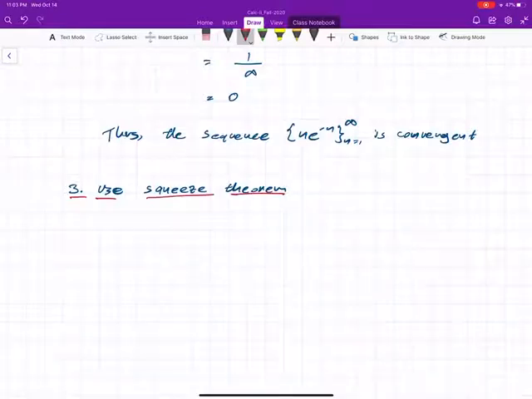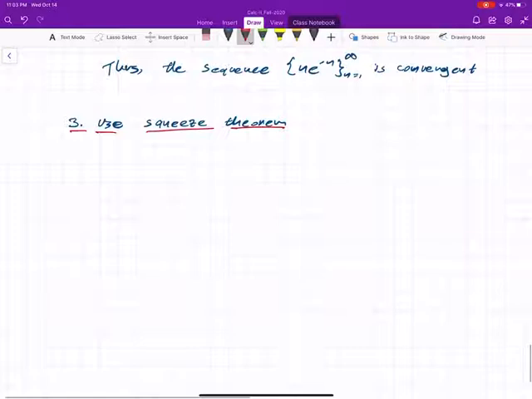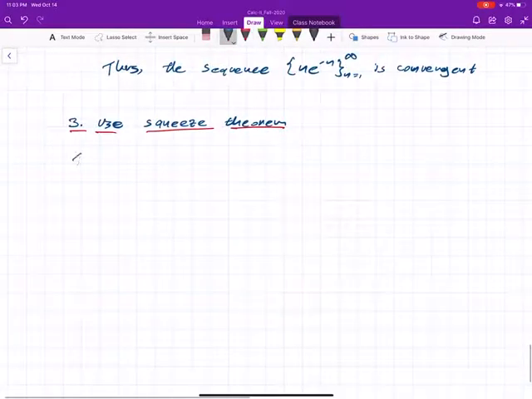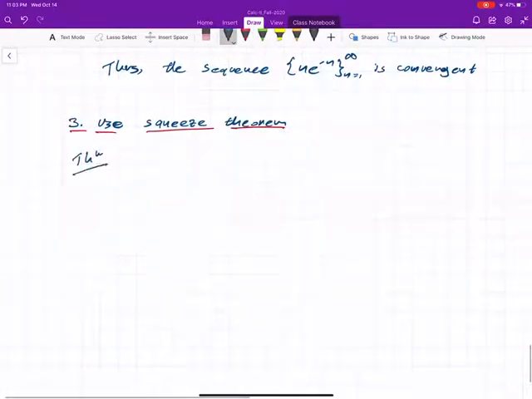Let me explain what the Squeeze Theorem is. This is a very easy theorem.